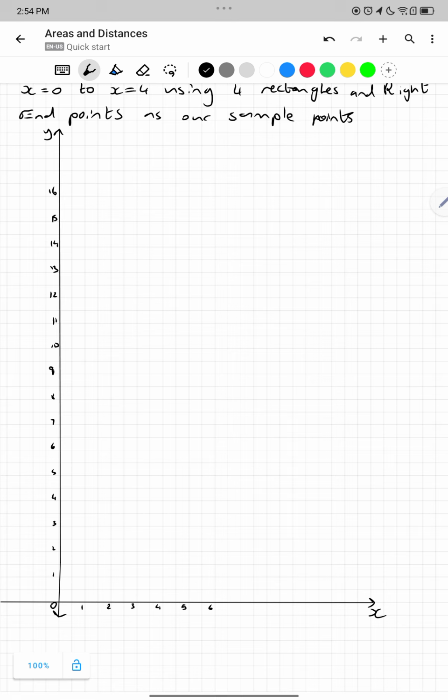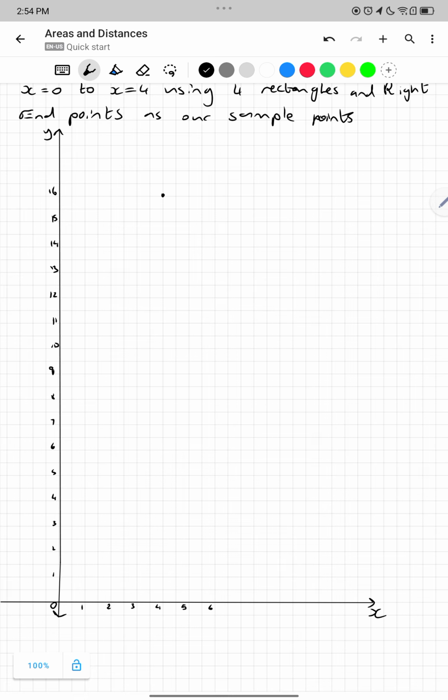So at 4, which goes up this line, we have 16.